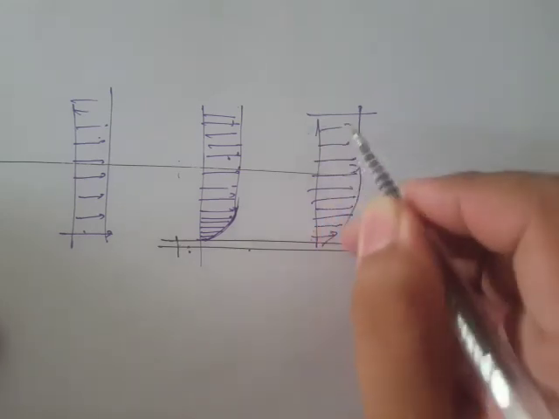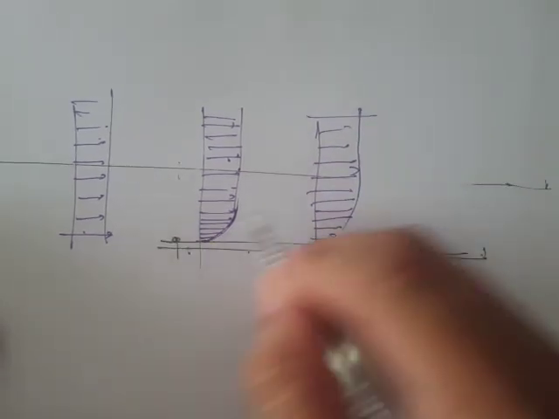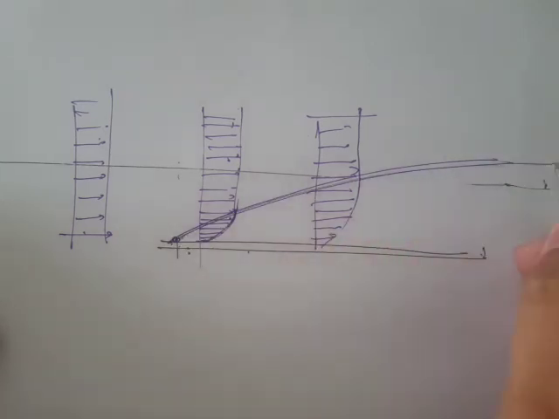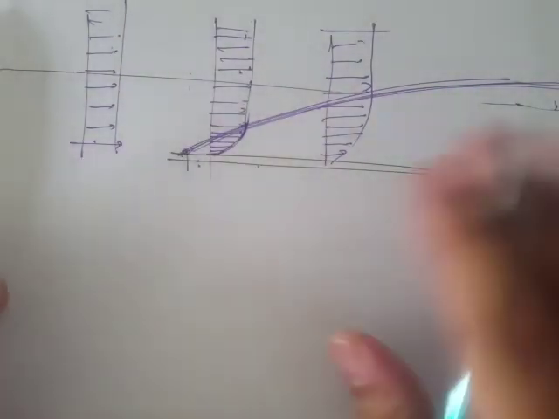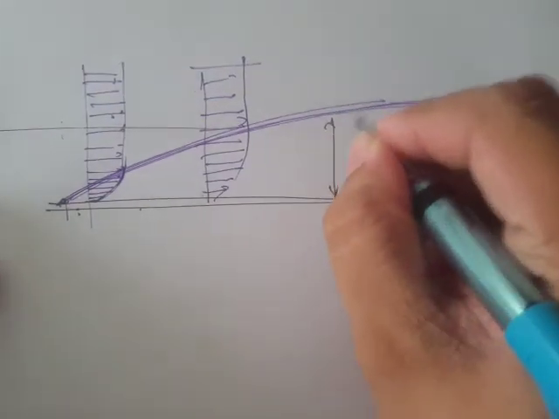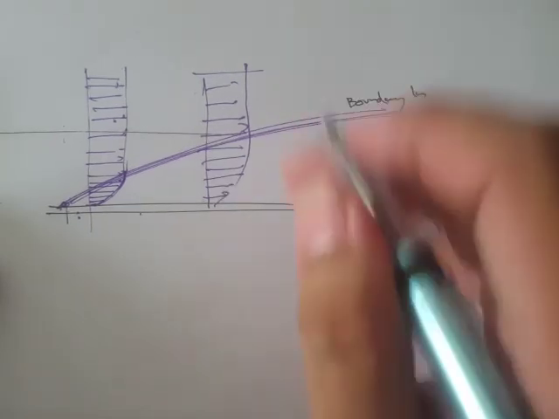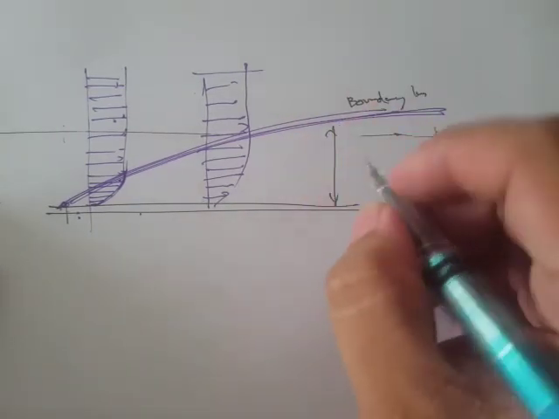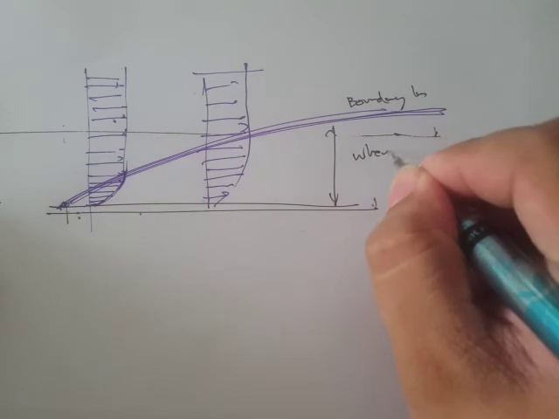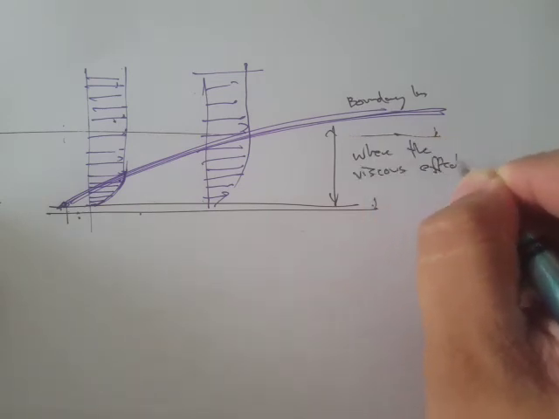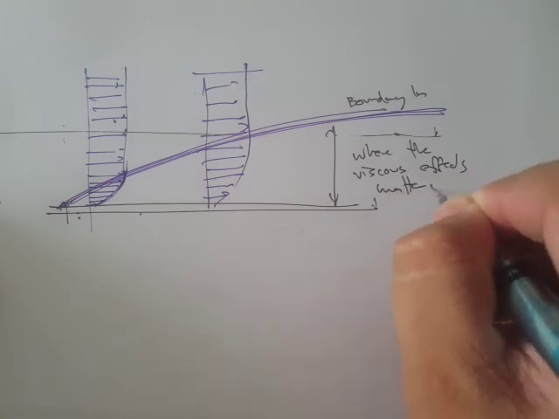Well, the concept of boundary layer is that you will have a layer, something like this. It's just a very thin layer. Let's just write this is our boundary layer. And within this boundary layer is where the viscous effects matter.